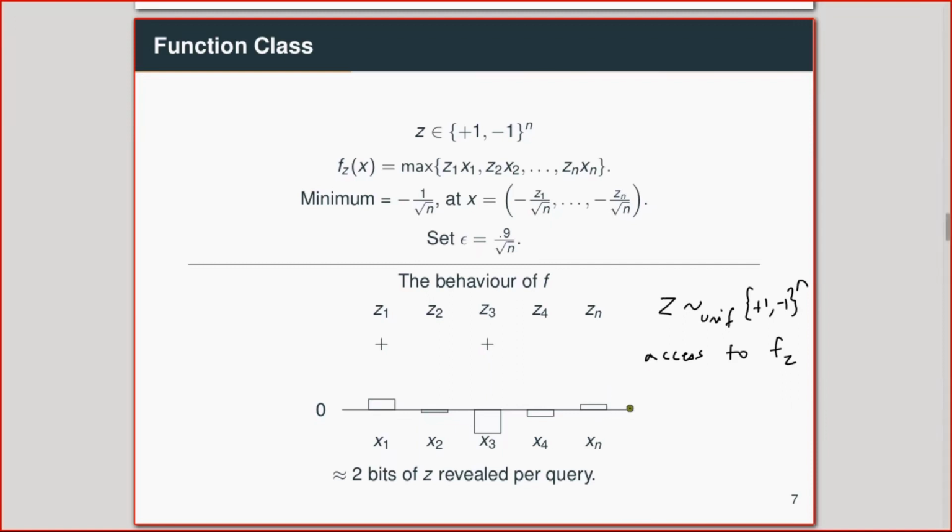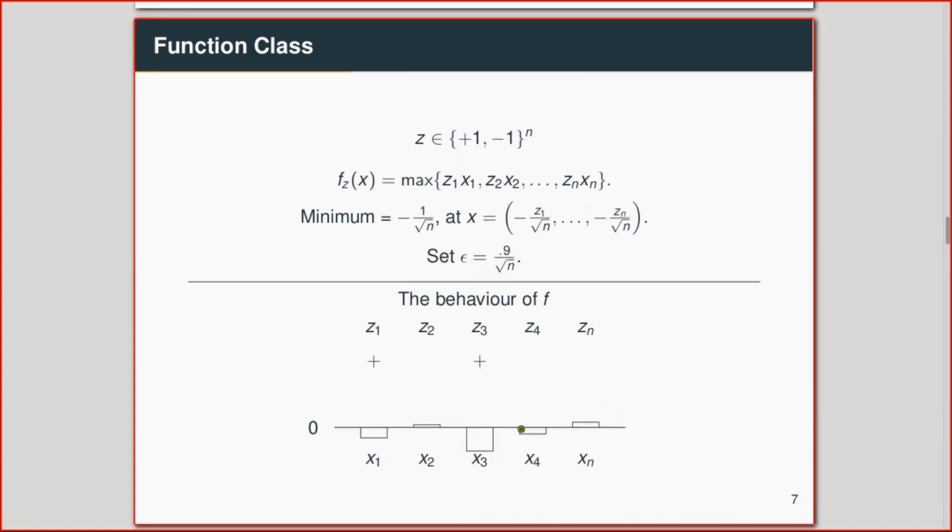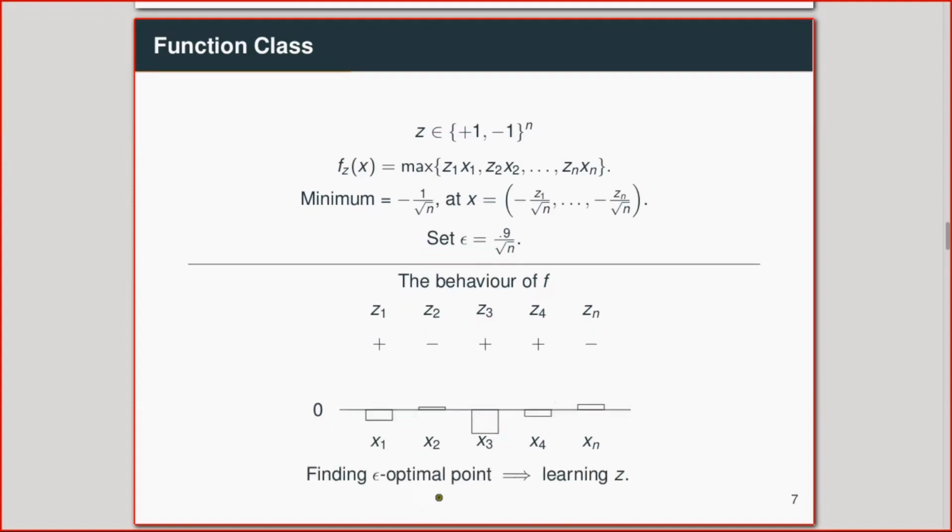So on average, on expectation, we reveal 2 bits of z per query. And to actually find an epsilon optimal point, we know that the value of f has to be negative. And if the value of f has to be negative, that means that z1 x1 has to be negative, z2 x2 has to be negative, and so on. Each of them has to be negative. So if you have found an x that is epsilon optimal, we can just look at x and figure out all the bits of z. So if you found an epsilon optimal point, you have learned all of z.